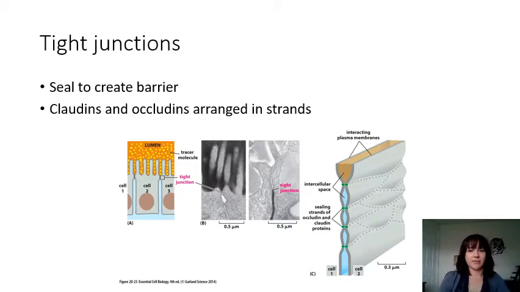Tight junctions, as you can imagine, tightly seal cells together and they create a barrier. In addition to keeping transporters on the correct side of a polarized cell, they also keep molecules from passing through that layer of cells.